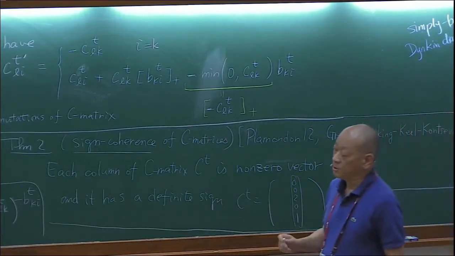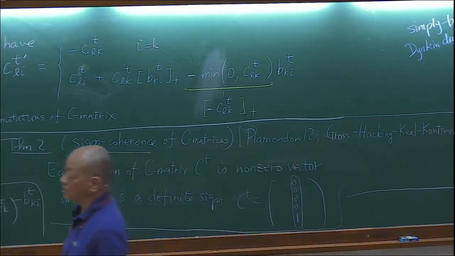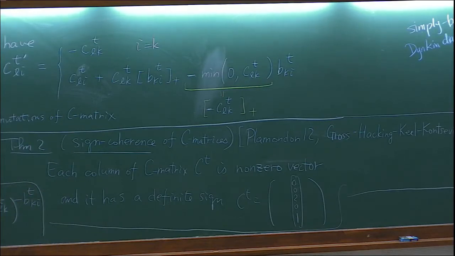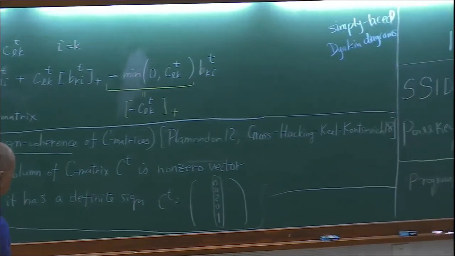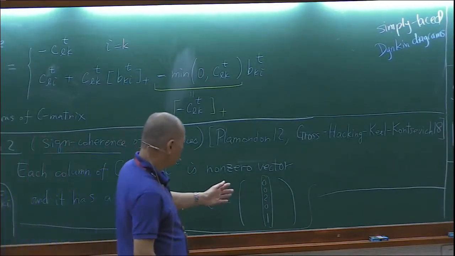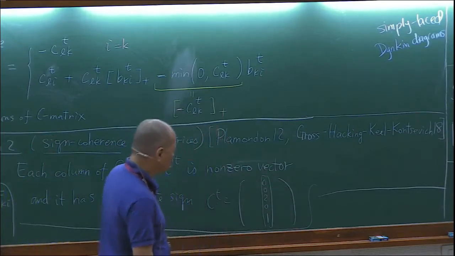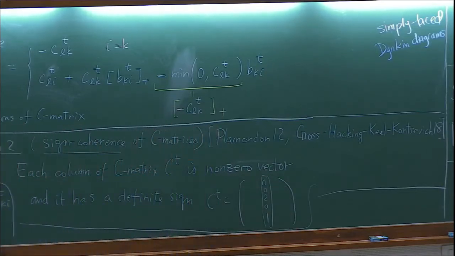So far, there is no elementary proof. I mean, this should actually be a consequence of just the mutation formula, one simple mutation formula. But every effort so far to explain this just from the exchange relation is not successful. It's an open problem.